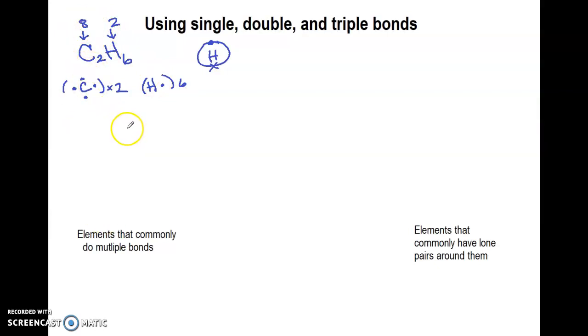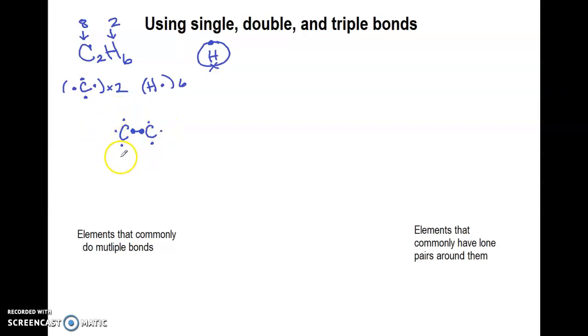So let's just assume that my 2 carbons are going to bond. We usually just show it with a line, but sometimes I like to put a dot there to remind me this carbon gave an electron and this carbon gave an electron, and they're sharing it. And so you can see how that developed. Each of these carbons still has its other 3.